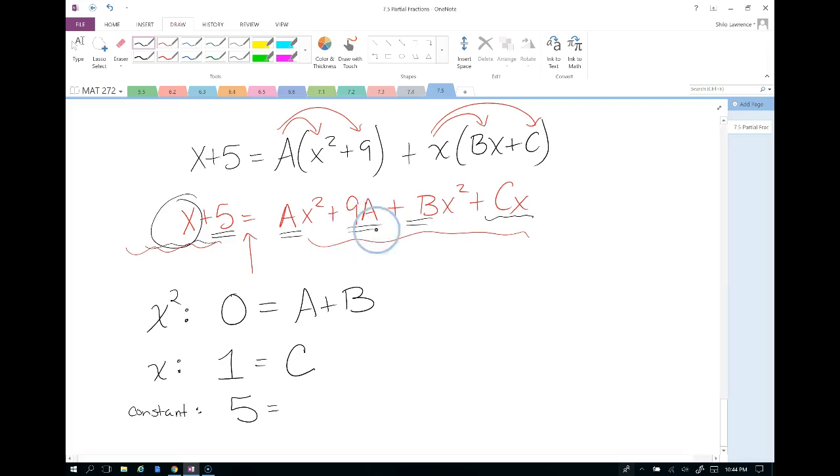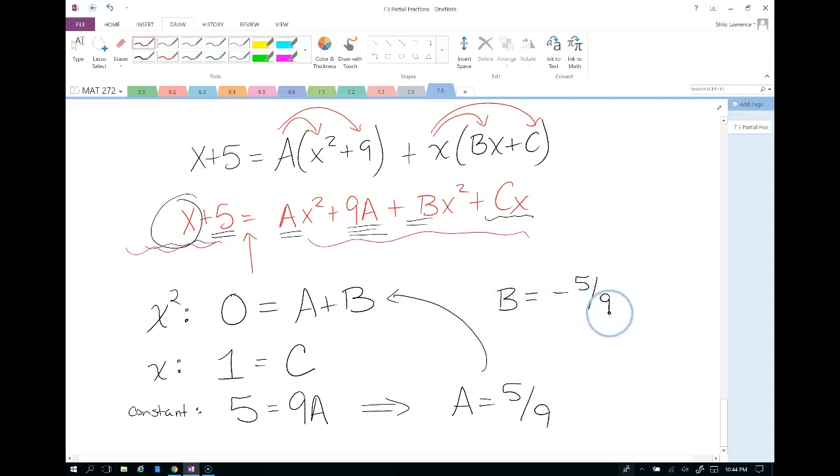So the piece without the x is right here, 9a. We can solve that equation for a. It's only got one unknown in it. So this is going to lead us to a equals 5/9. Well, if a is 5/9, we could use that to solve for b, because a plus b has to be 0. That means b has to be negative 5/9.